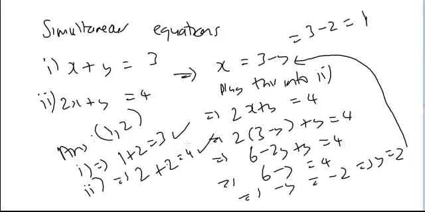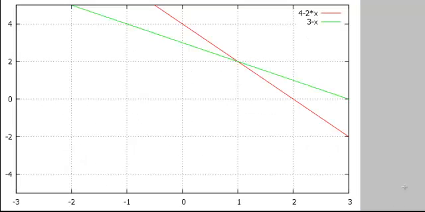The other thing I want to look at is that you can also solve simultaneous equations graphically. So we had x plus y is equal to 3. So if you subtract x from both sides, we get y is equal to 3 minus x. We can plot that to get the green line. So 3 minus x is the green line. Now you can do that yourself. Set x is equal to 0.